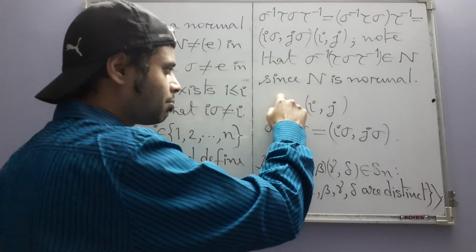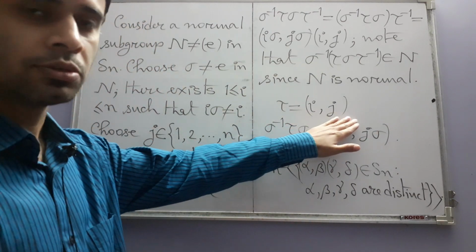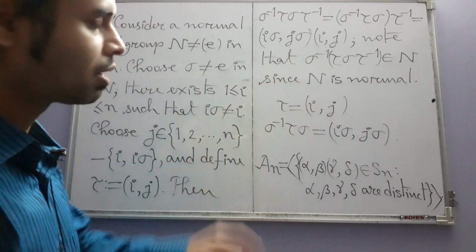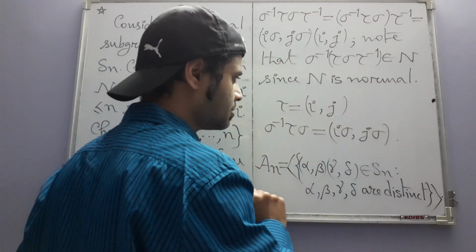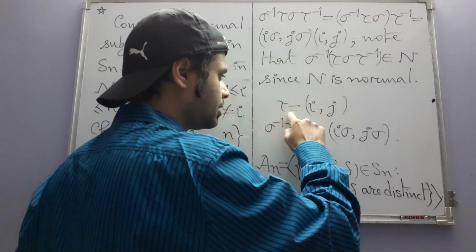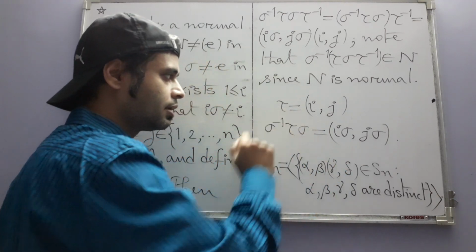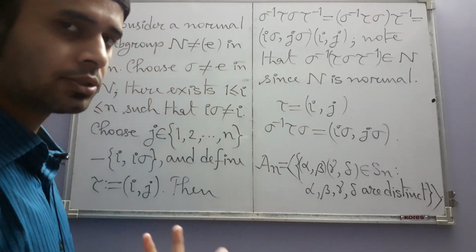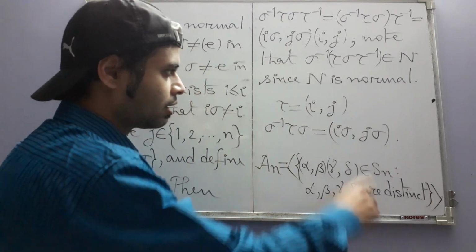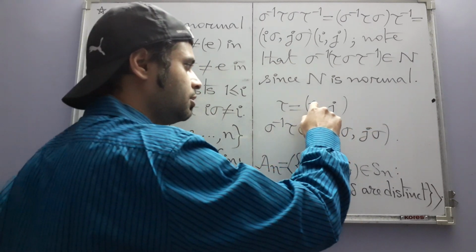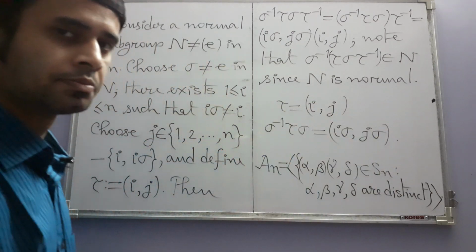Okay, so if you take a permutation tau, this is not something that happens only with 2 cycles, but for any permutation. If you consider a permutation tau like this, and you take its conjugate, because sigma inverse tau sigma is a conjugate of tau by the definition of conjugacy, then it becomes just this, where what you do is that you replace the symbols with their sigma images.